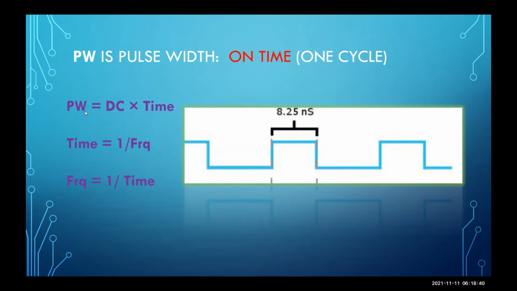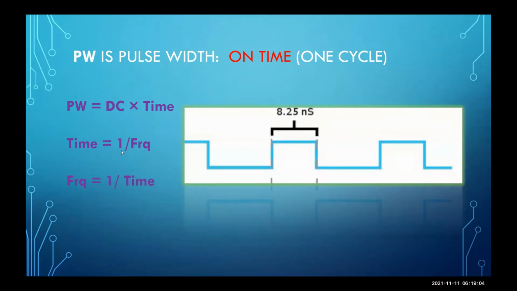If we know the DC, meaning duty cycle, which we are going to look at in the coming slides, times the time, where time is the cycle, right? One cycle is the time. If we know the duty cycle and the time, we will be able to calculate the pulse width, right?